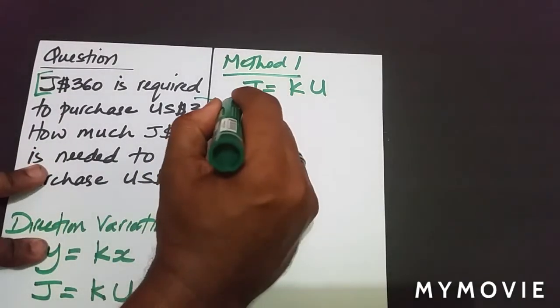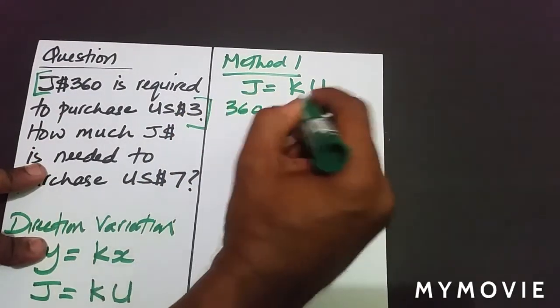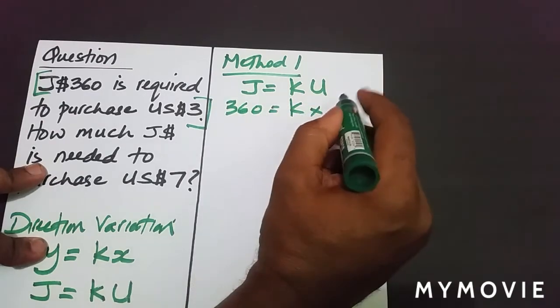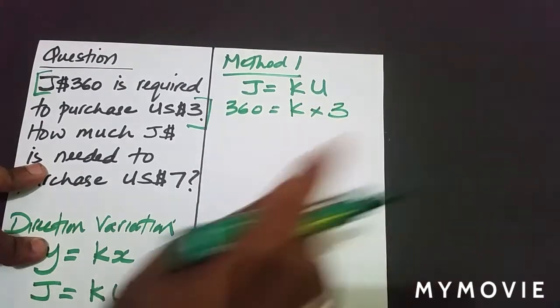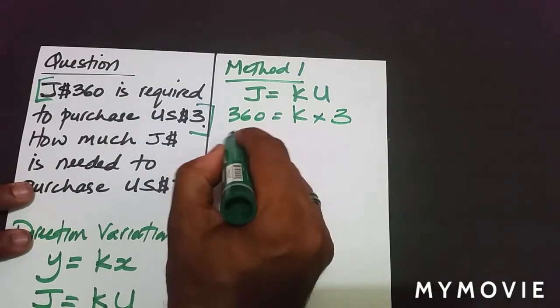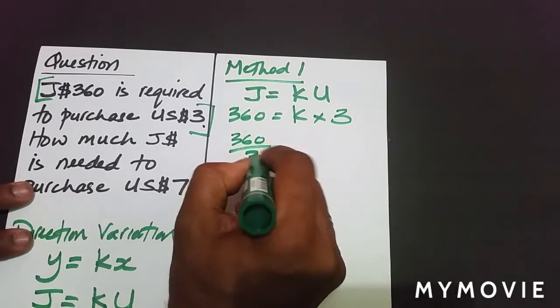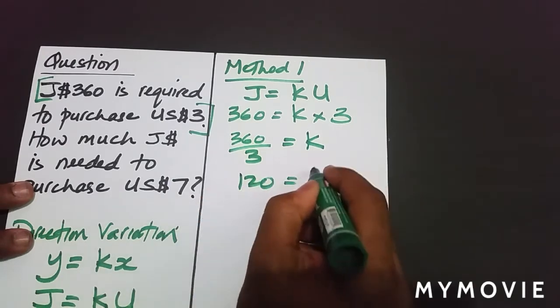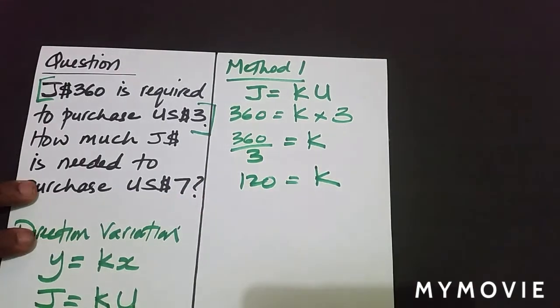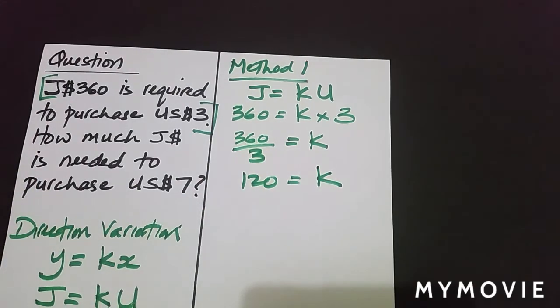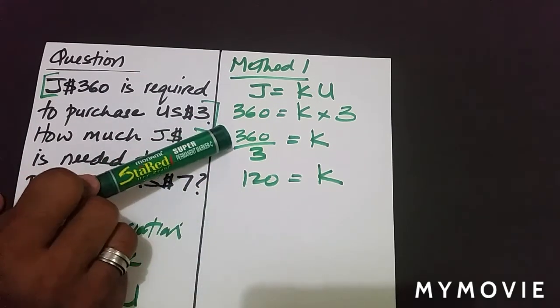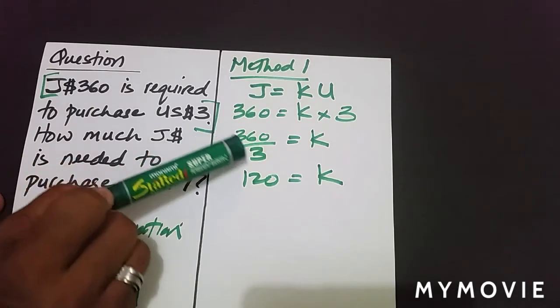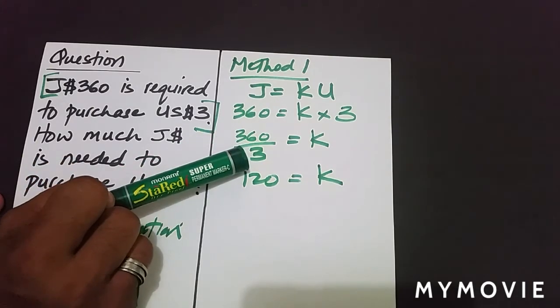So method 1. So let's approach this now. So Jamaican 360 allows us to buy US 3. So how do we find k now? 360 divided by 3 equals k. And that's that. Now, what does this mean? In this particular case, remember 360 here was for Jamaican and this was for US.